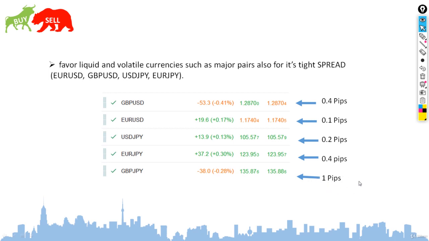It's not large, and 1 pip is good for scalping, because GBP JPY is a very volatile market, so it's very good for scalping. So 1 pip on GBP JPY is not dangerous for your trading results.